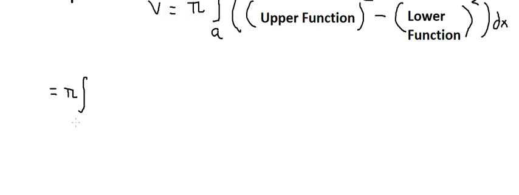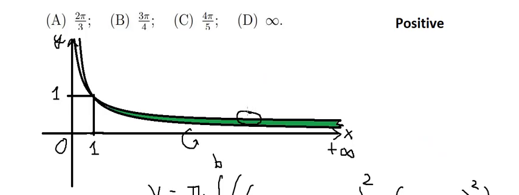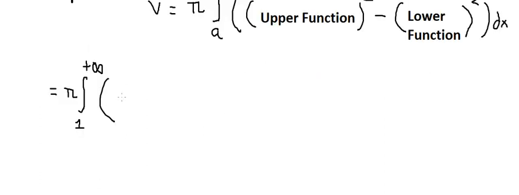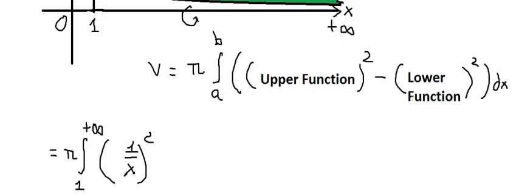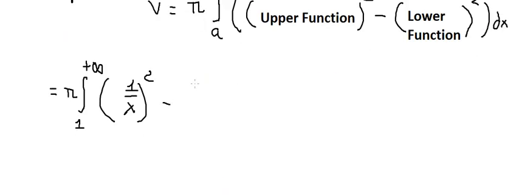So the bounds are 1 to positive infinity. The upper function is 1 over s, and the lower function is 1 over s squared.